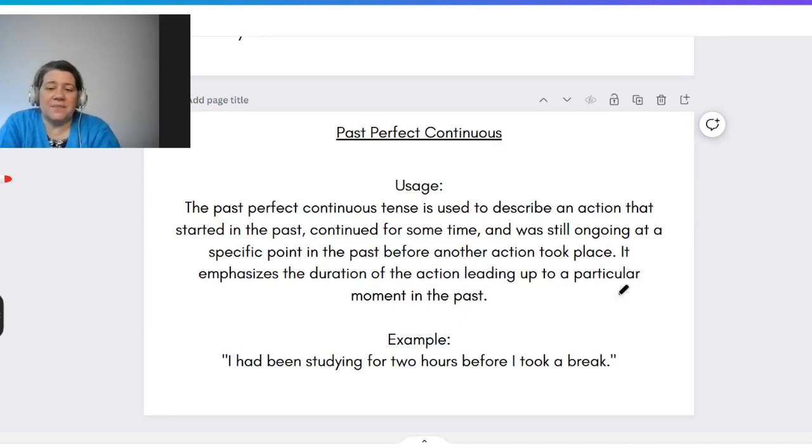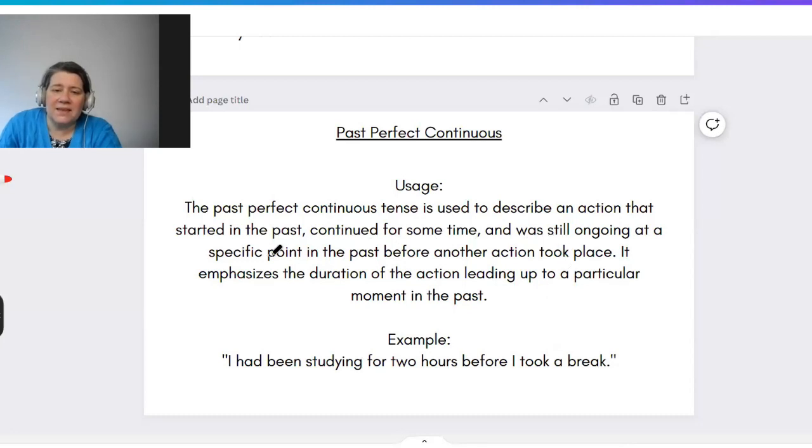All right. For example, I had been studying for 2 hours before I took a break. Taking the break was in the past. I had been studying was what was happening. It was a duration, and then you took a break. I had been studying for 2 hours before I took a break.